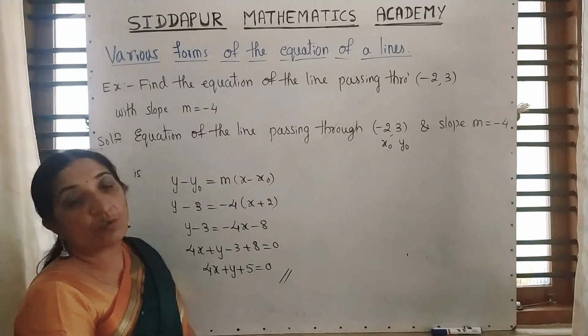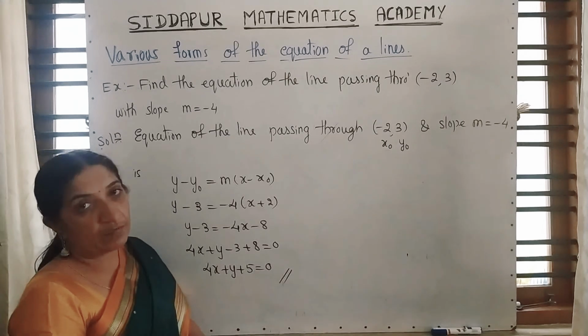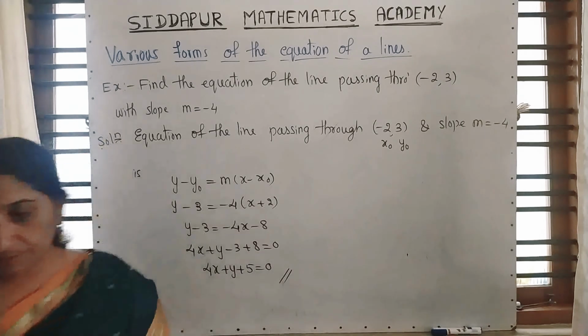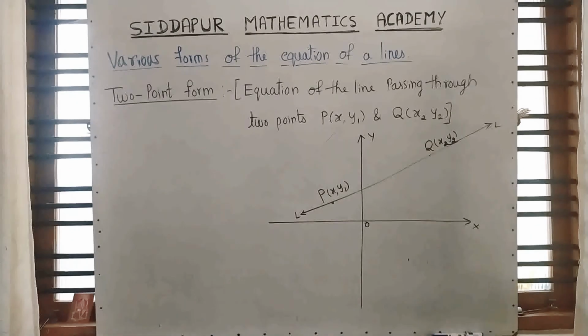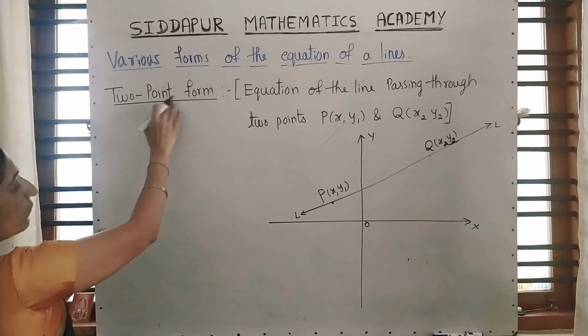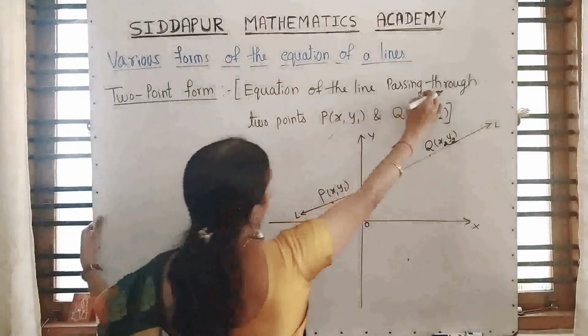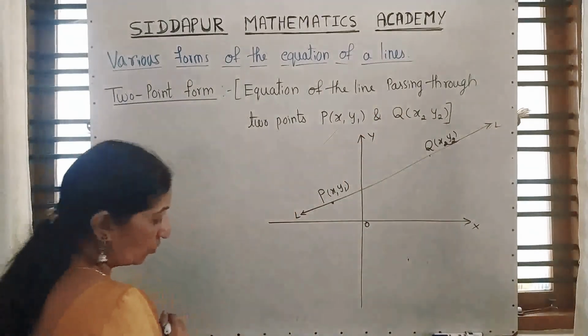Now I am giving you one more derivation. That derivation is 2.4, the equation of the line passing through 2 points. The name itself tells you: equation of the line passing through 2 points P(x1, y1) and Q(x2, y2).